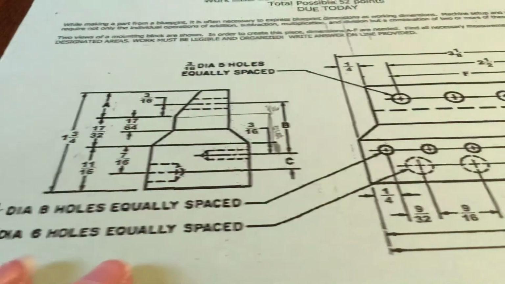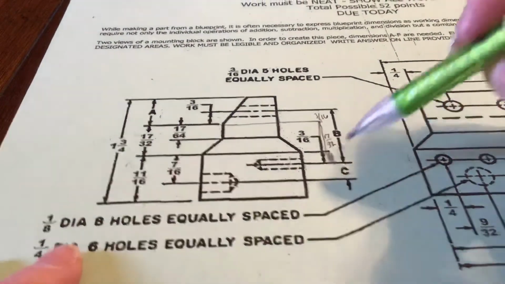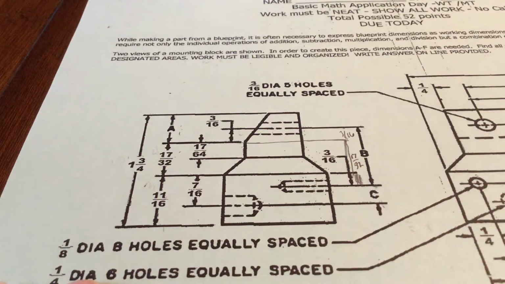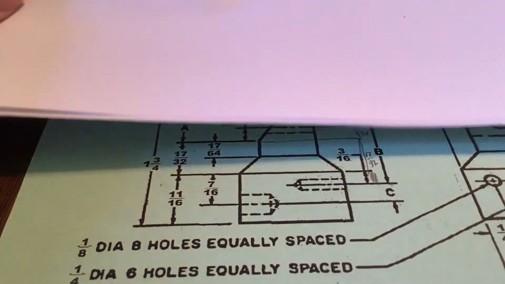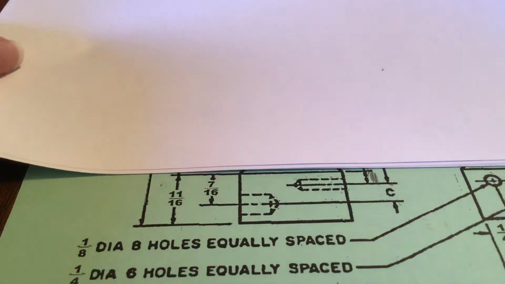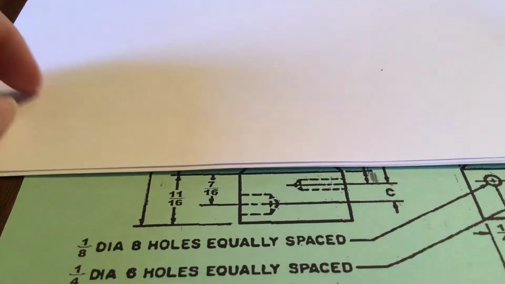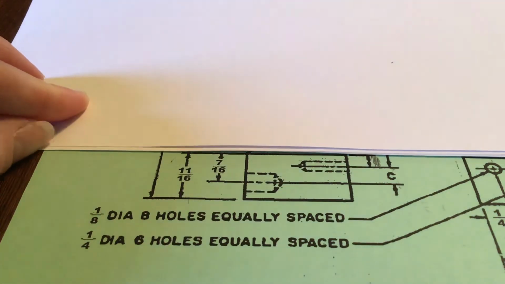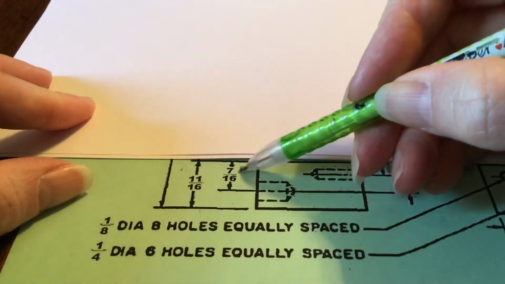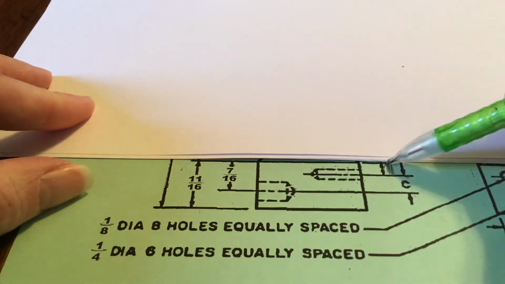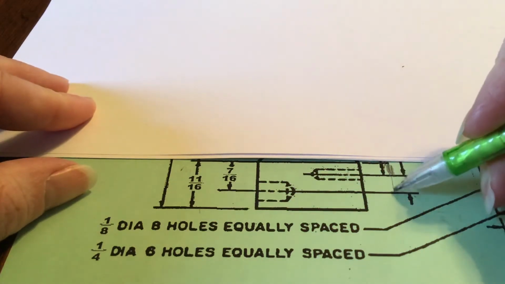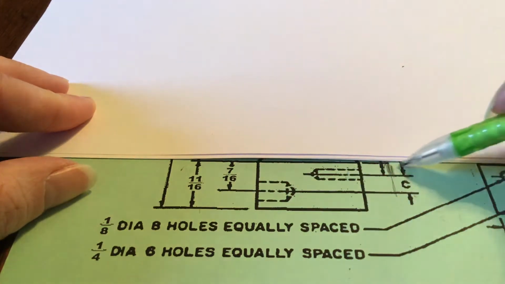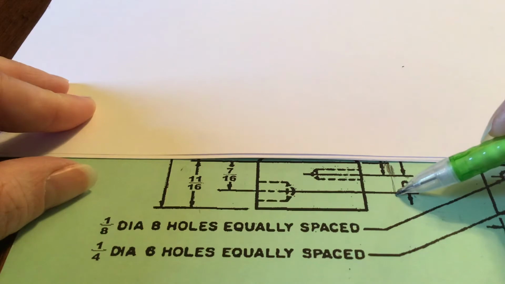C. Where is C at? C is right here. Okay, so let's look. Maybe cover this part up. So we know that this is 7/16 right here, this whole distance. Do you see that? 7/16 over here would be the same distance here, right?